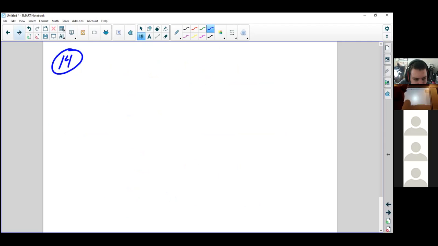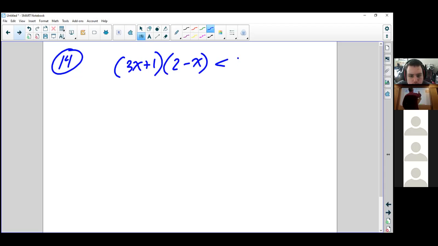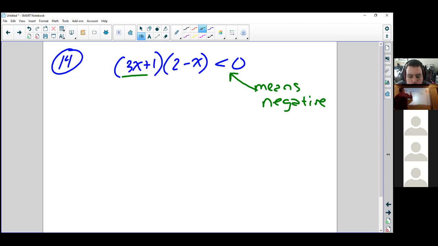Number 14 says 3x plus 1, and it also says 2 minus x. And we want values that are less than 0. So less than 0 means negative. Okay, so I'm going to solve each of these.